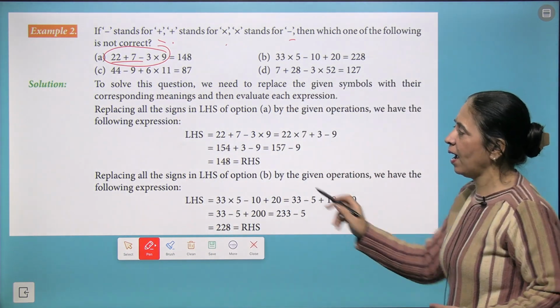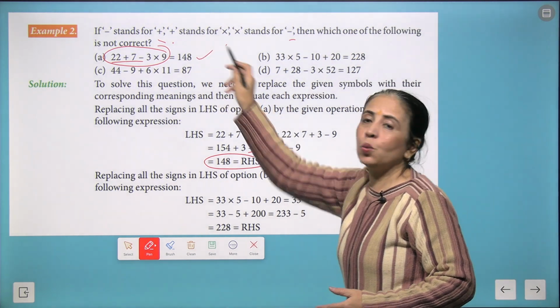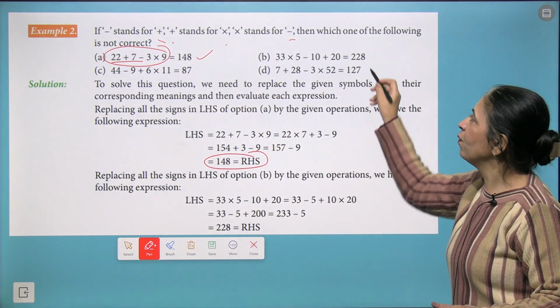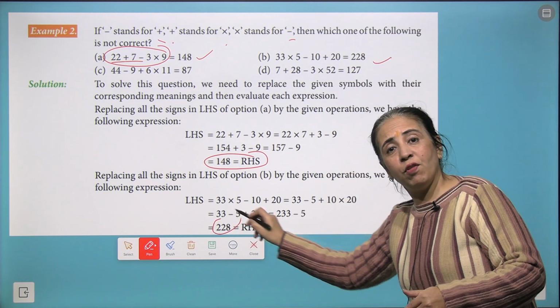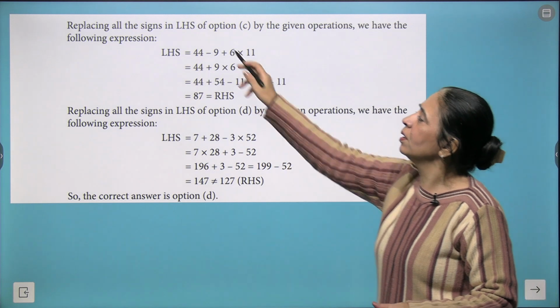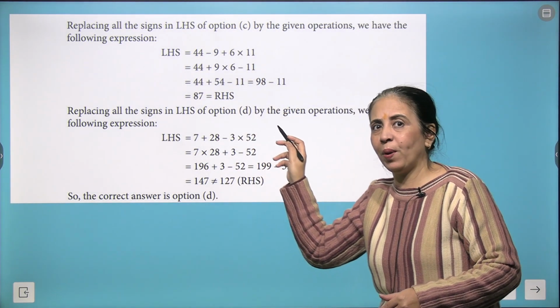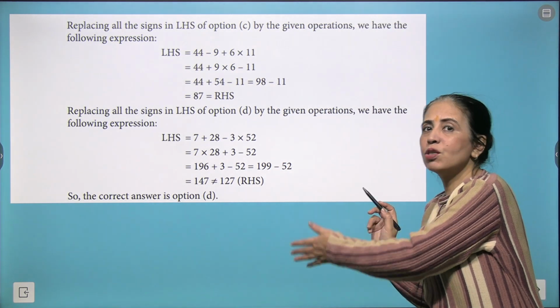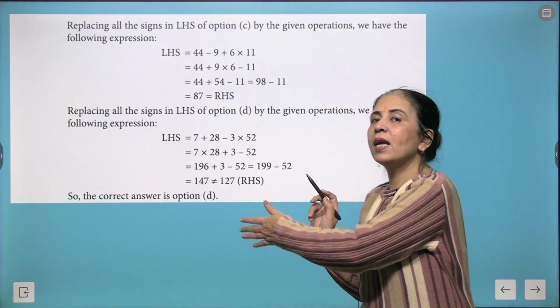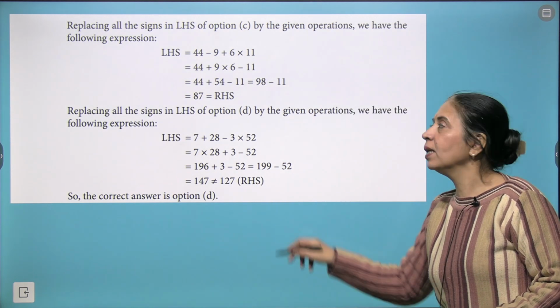Like here I have done it for the first part, and we got it equal to 148. Then I tried for the second part, exactly we got 228, and further we tried for the third part, again we got 87, which is equal to the right side of the equation, but the fourth answer is not correct. So we say the fourth one is the odd one out, and that becomes your right option.